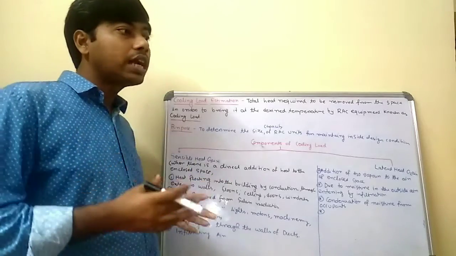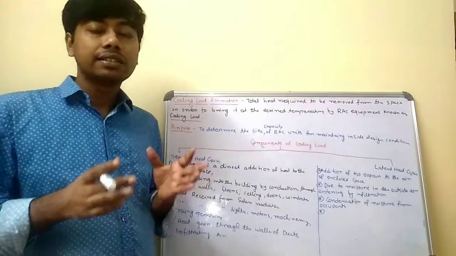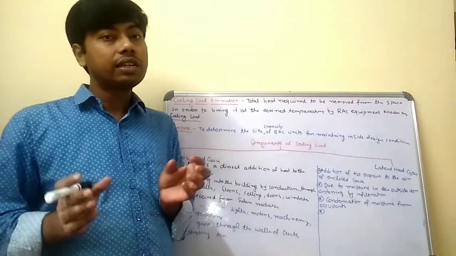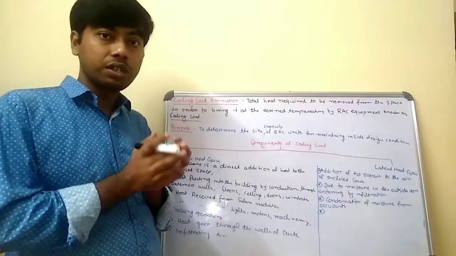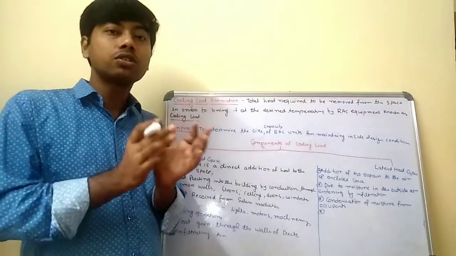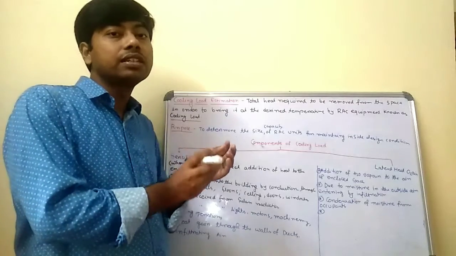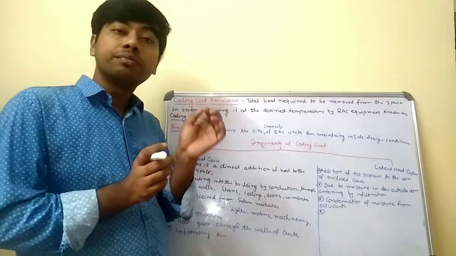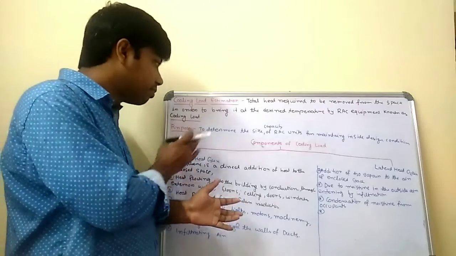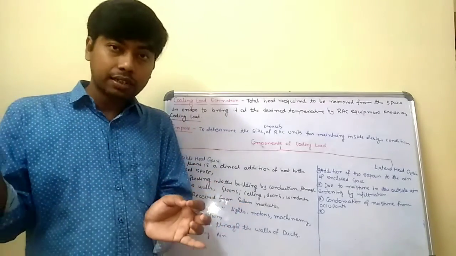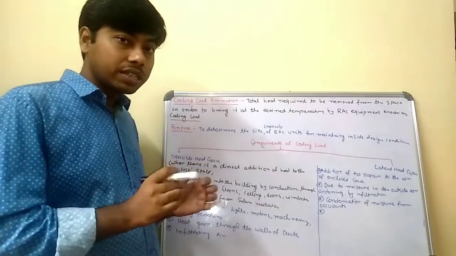So actually the sum of sensible heat gain and latent heat gain should be removed from the room when you install the air conditioning equipment. This is the main function of the RAC unit, because whatever amount of sensible and latent heat gain is possible, that amount of heat should be extracted. So we can discuss the reasons for that.